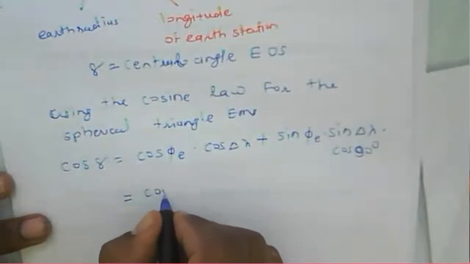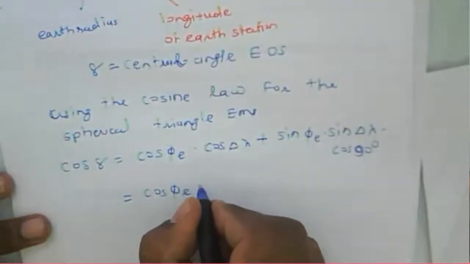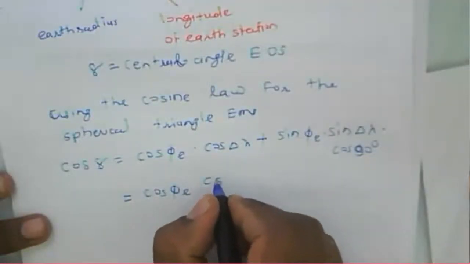And that is equal to cos phi into cos of delta lambda.